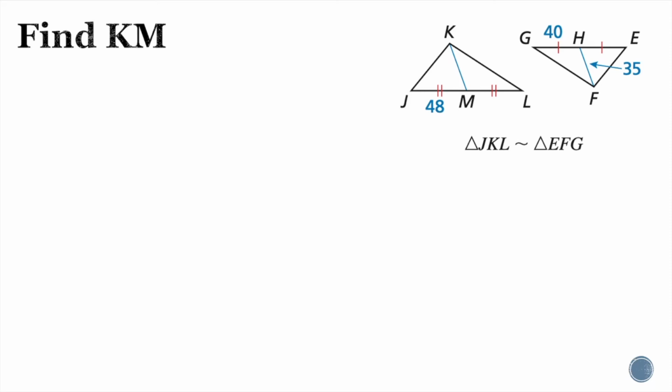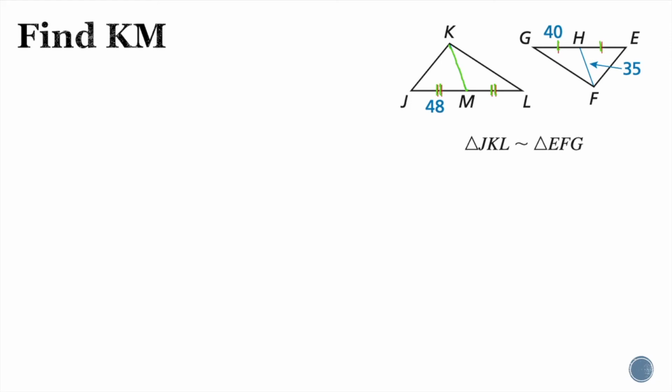Now, let's take a look at this. I'm asking you to find KM, given everything else. And notice that JM is congruent to ML, and GH is congruent to EH.